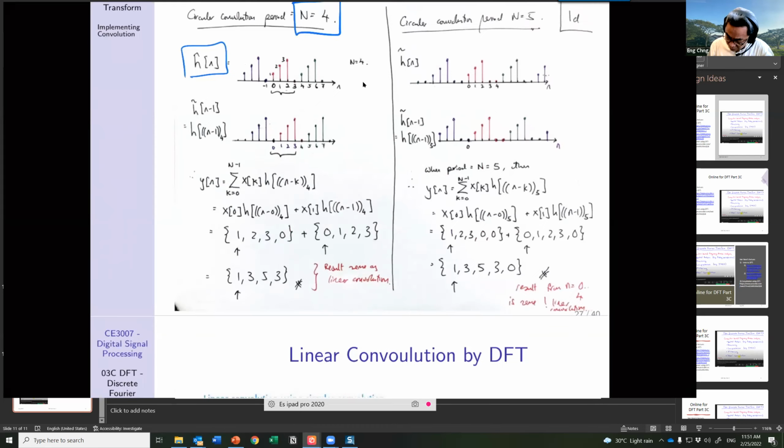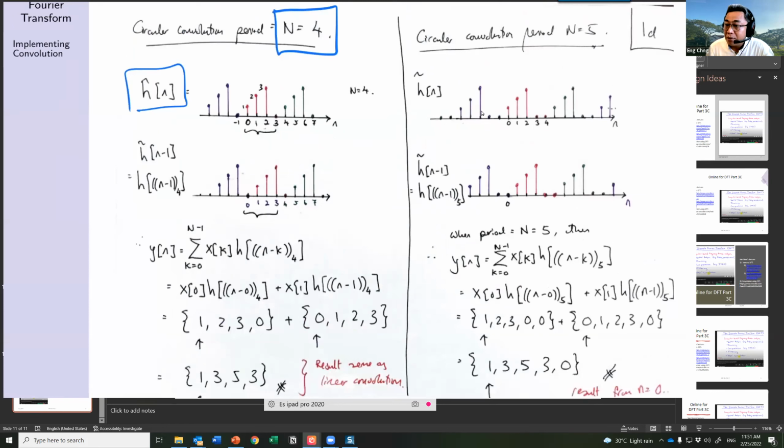If it has 4 samples on the right-hand side, what is this? Even though it's circular convolution, it means that I have to repeat those guys on the left and on the right. What happened is that the little extra 0 in the tail is being pushed in. This 0 belongs to the previous set, and 0 is being pushed in.